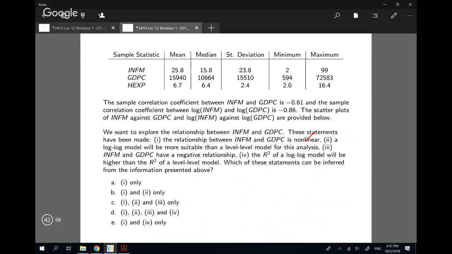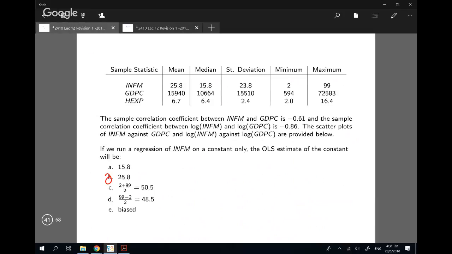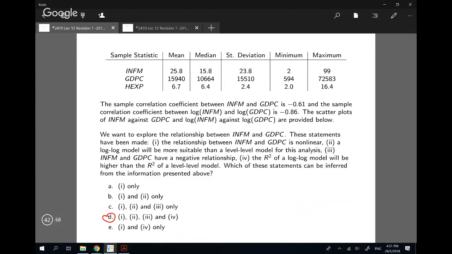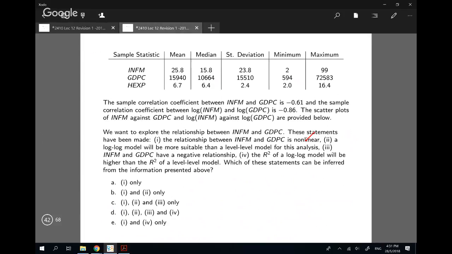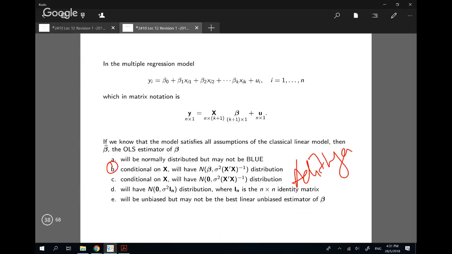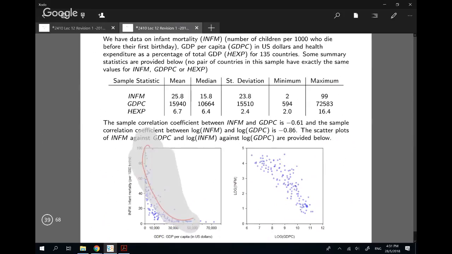So that one we can't tell, okay? So the answer should be D. Can we tell if the R square of log will be higher than R square of level? Yeah, actually we can. How can we tell? Because it's non-linear, right? You can't calculate it, but you can tell, because if it's a level model, the best fit line is a straight line like that, which wouldn't fit so well.